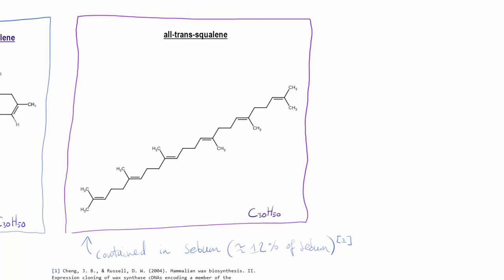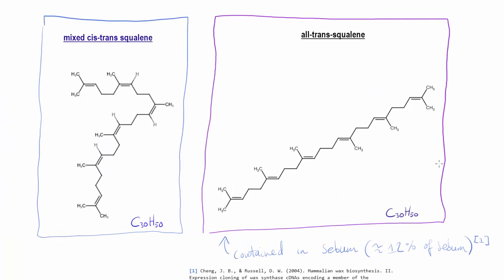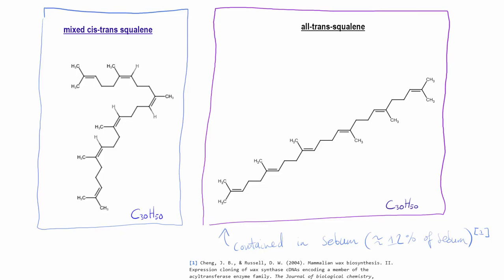This is squalene. There's two versions here. These are isomers of each other. One of them has some cis, a bit mixed between some cis and trans bonds, but this one is all trans squalene.